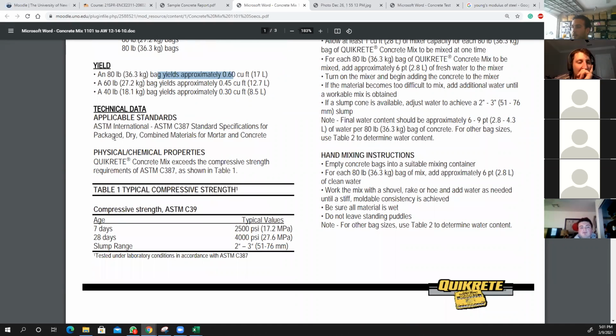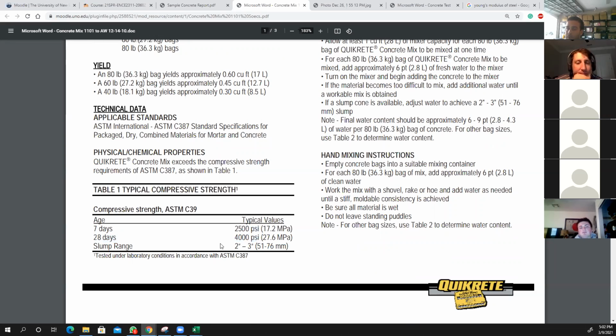And you can see the technical data, and we are actually interested in this section. So we're going to compare our results from our data points from our testing. At 7 days, it says compressive strength according to ASTM C39, at 7 days, we are expecting to have 2500 PSI. And at 28 days, we are expecting to have 4000 PSI.